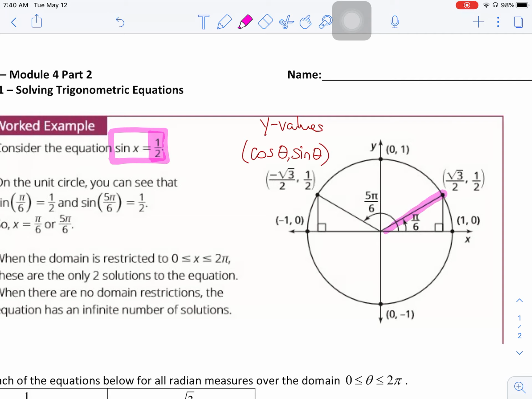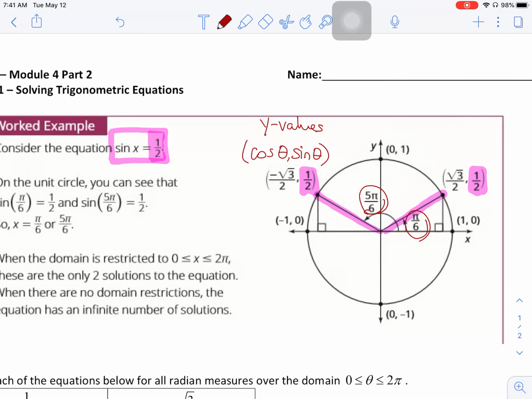In the first quadrant here, we have 1/2 right here, and that is a radian value of pi over 6. Okay, and then in the second quadrant over here, we have a y value of 1/2, and that's at the radian value of 5 pi over 6.